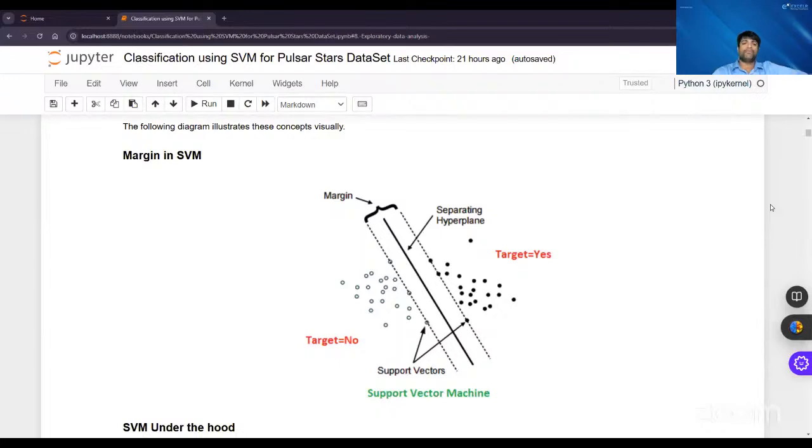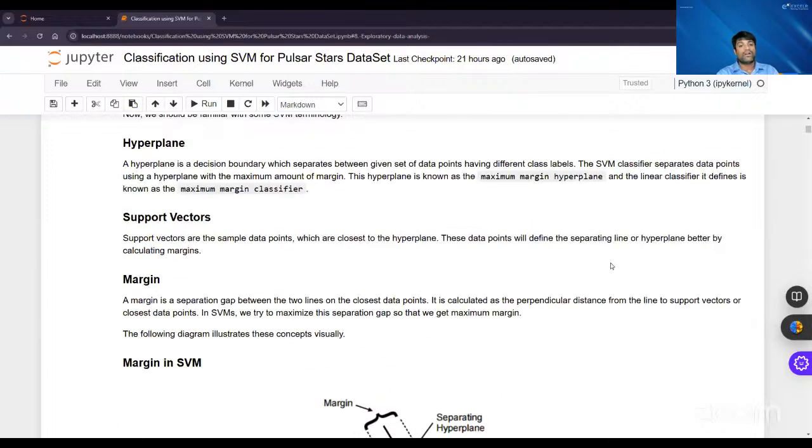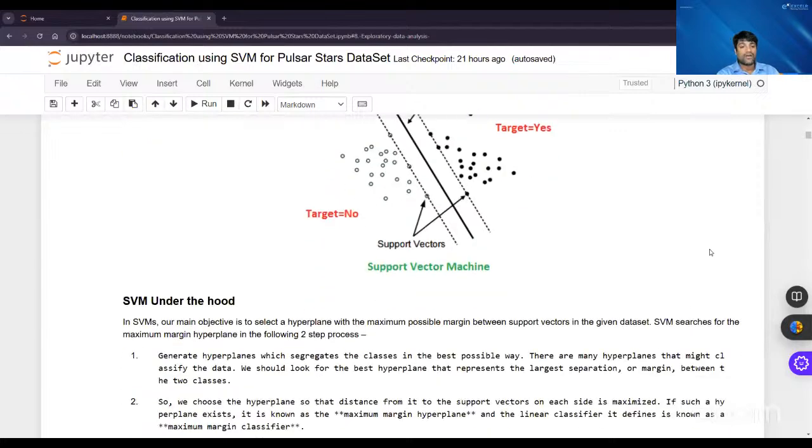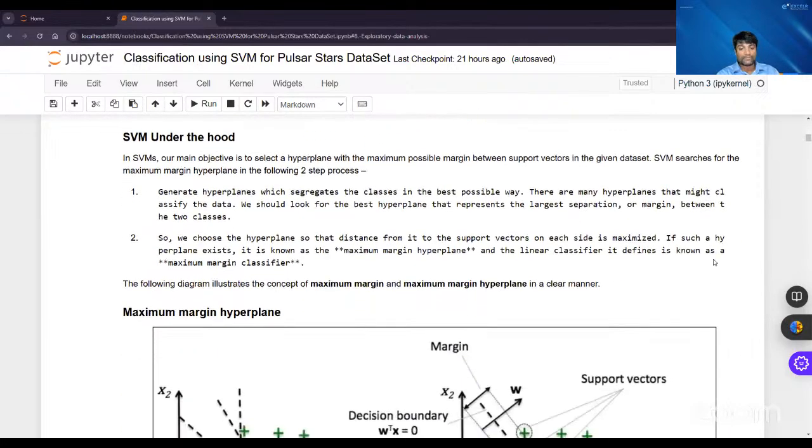It is very important to understand what a margin, hyperplane, and support vectors are, because our algorithm itself is called support vector machines. This is what I have mentioned here, you can go through this later. I've shown the diagram and explained it because this is the easiest way to understand. Now let us go a little forward.